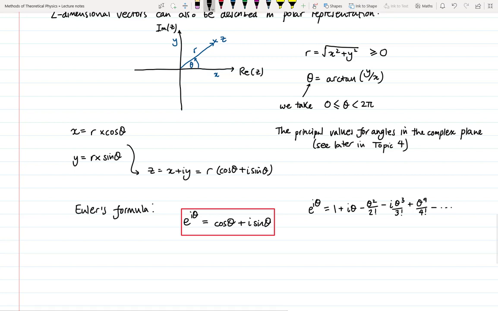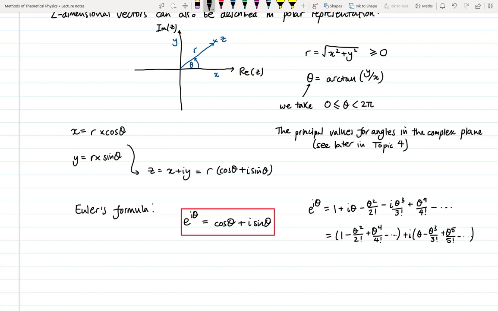And we can partition this up as 1 minus theta squared over 2 factorial plus theta to the 4 over 4 factorial, etc., plus i times theta minus theta cubed over 3 factorial plus theta to the 5 over 5 factorial, and so on.